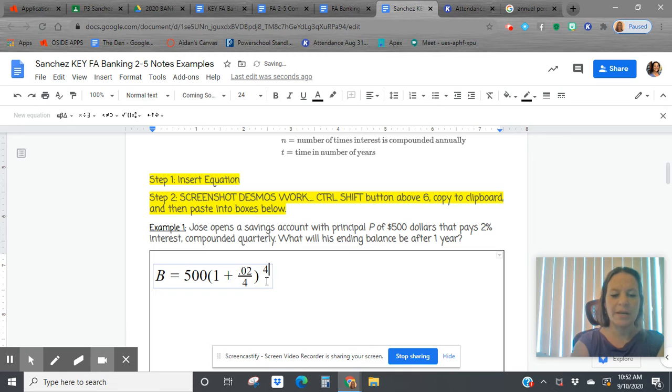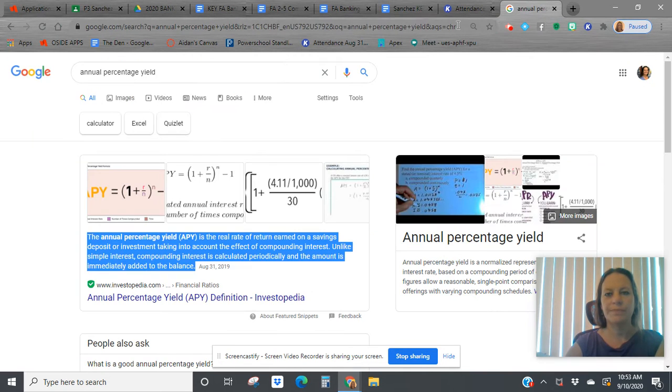So it's the number of times it's compounding times our 1 year. The formula goes principal, 1 plus the rate over the n, the number of times we're compounding, to the power of nt. Now we're going to go plug this into Desmos.